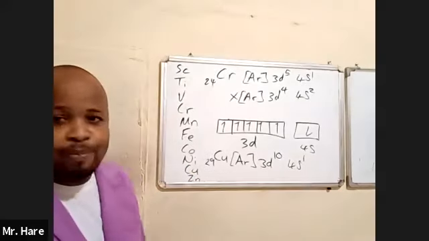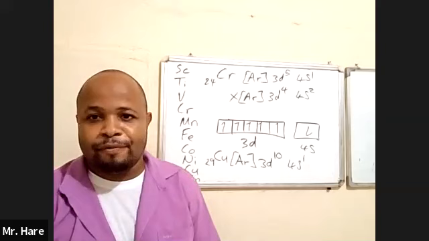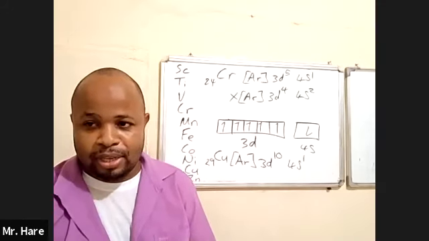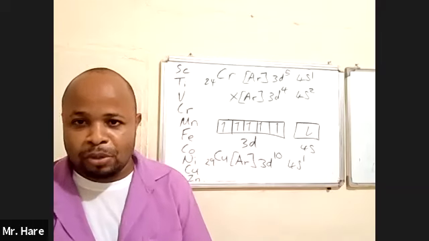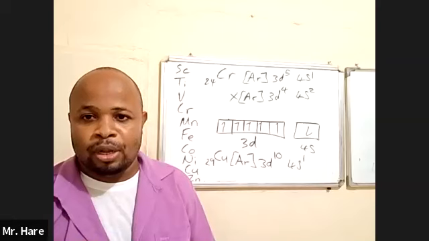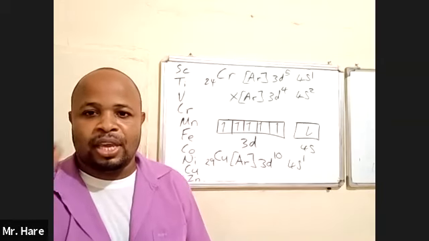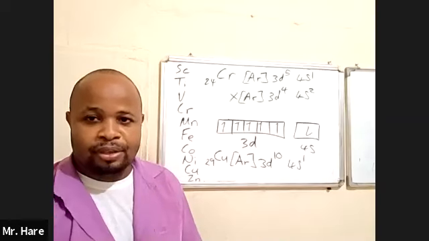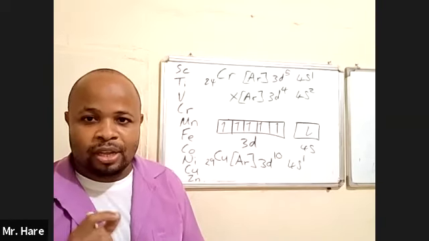Transition metals can form bonds with certain compounds. Those compounds have at least one lone pair that they can donate to the metal ion, the transition metal ion.